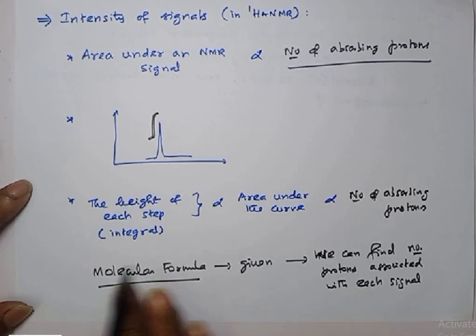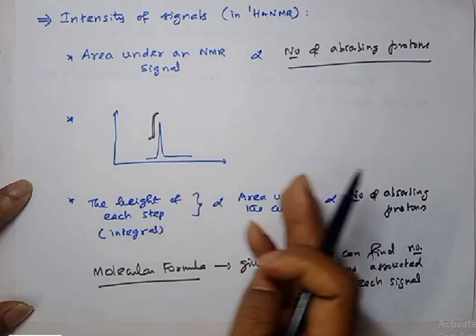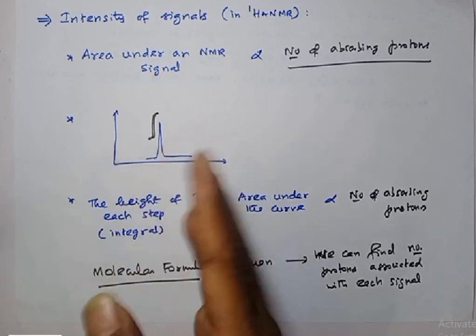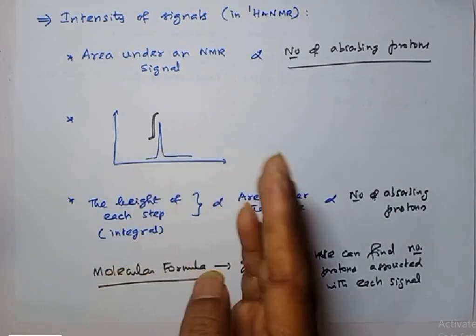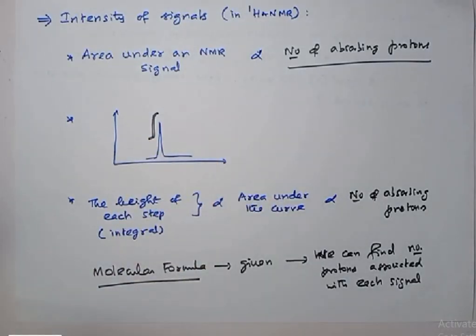If the molecular formula is not given, then I can give only the ratio. By comparing the two peaks, I can say what is the ratio of protons responsible for the two peaks. That we can say. Are you able to follow?